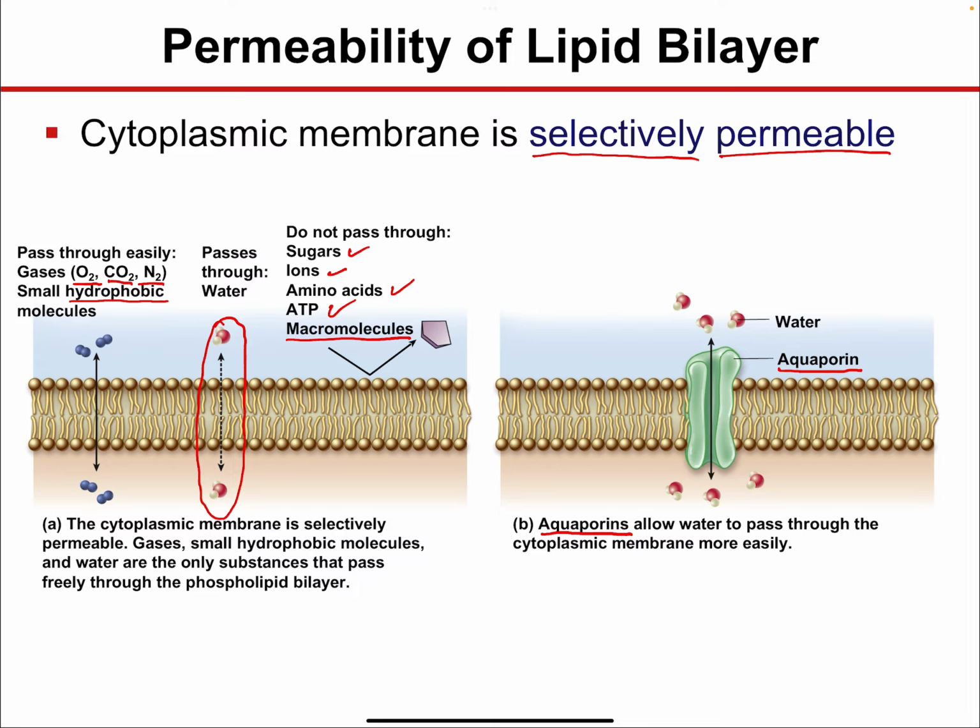So, let me repeat this. The molecules that are not able to cross freely the plasma membrane are either large or charged, or both, right? Sugars, ions, amino acids, ATP, macromolecules, proteins, you name it. The salts, they're not going to be able to cross through the plasma membrane.